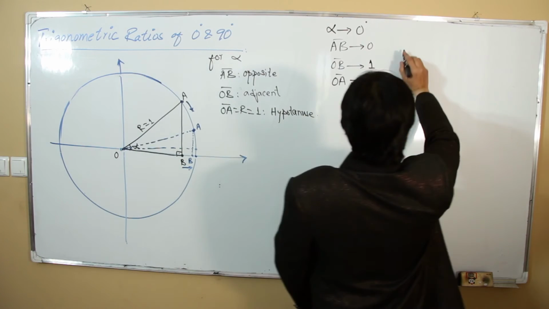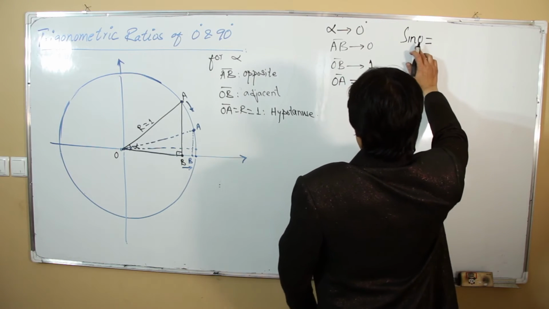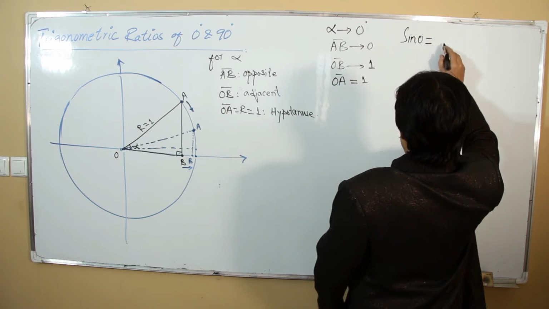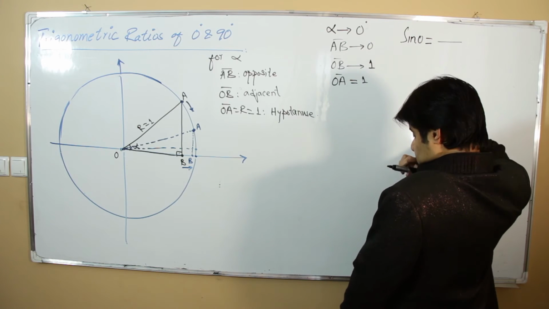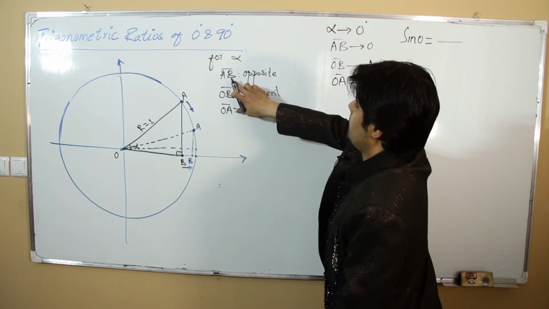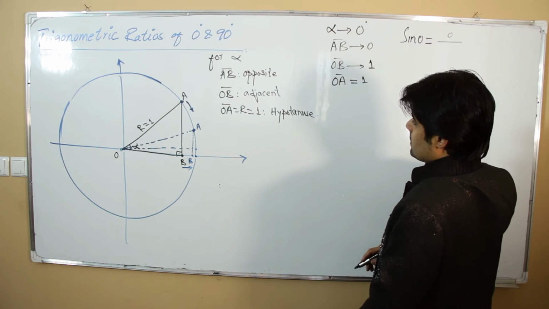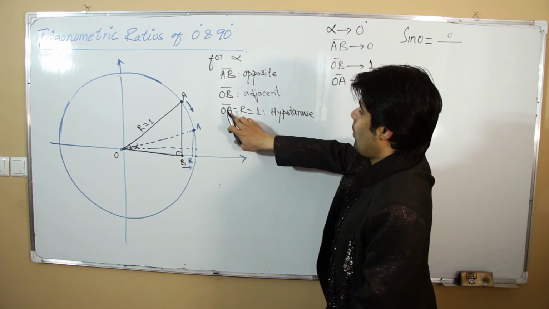I mean, what is sine of 0? Sine of 0 is opposite divided by hypotenuse. What's your opposite? AB, which is 0, divided by hypotenuse. Hypotenuse is OA.